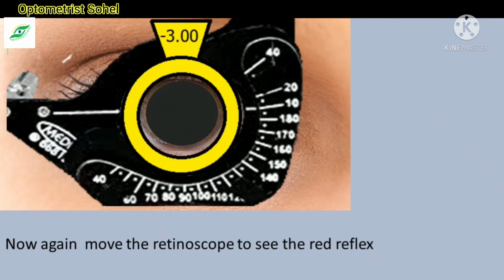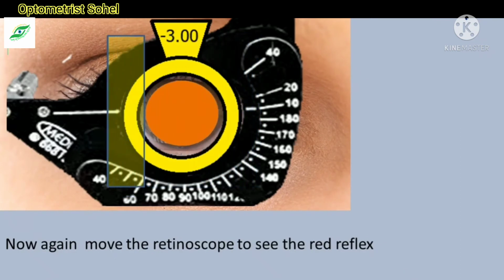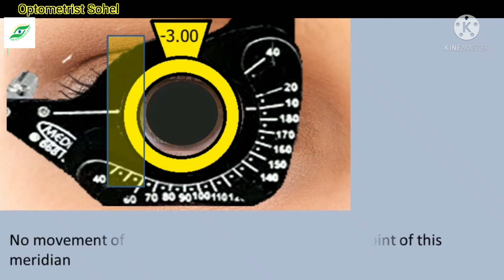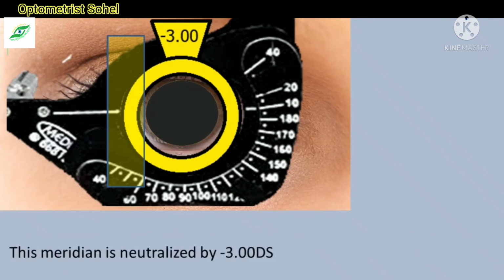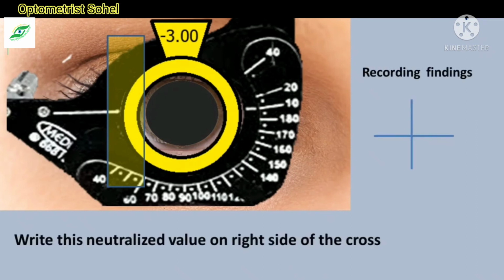Now again move the retinoscope to see the red reflex. No movement of the red reflex indicates the neutralizing point of this meridian. This meridian is neutralized by a -3 diopter sphere. Write this neutralized value on the right side of the cross, -3 at 180.